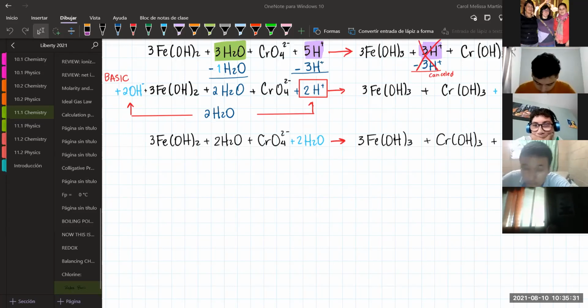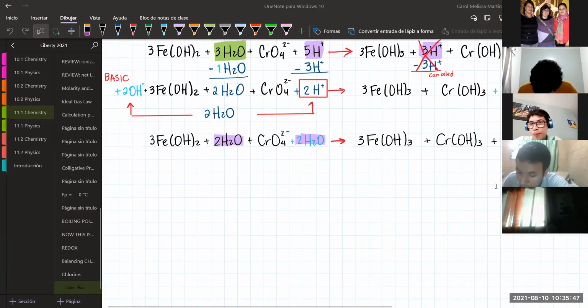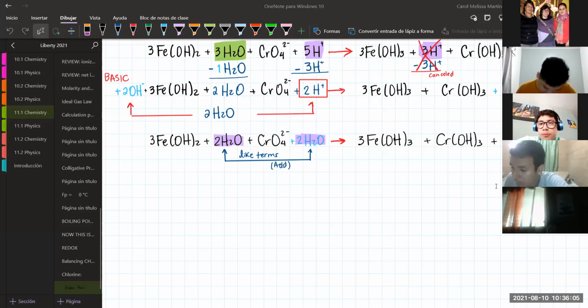And here, as you notice, again, we have like terms. We have 2 water over here and also 2 water over there. And the rule says that when you have the same substance on the same side of the reaction, we have like terms that need to be added. So we need to add them, okay?